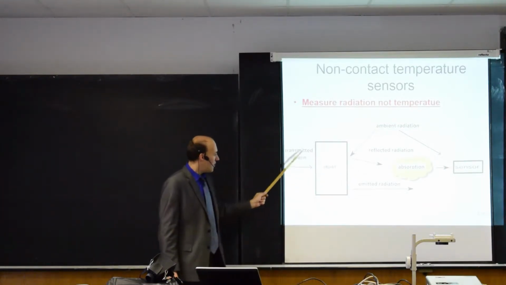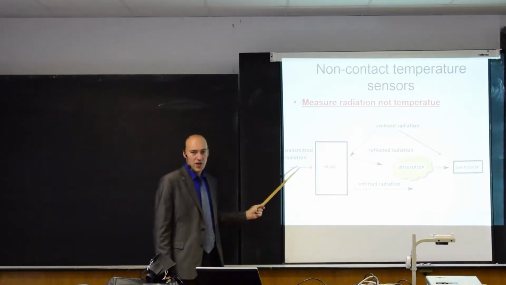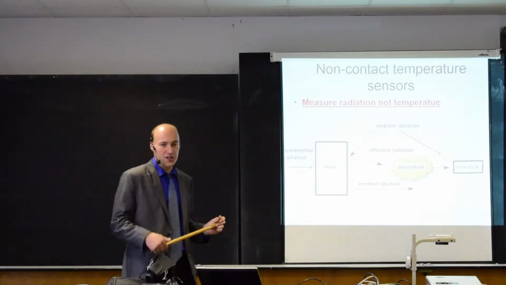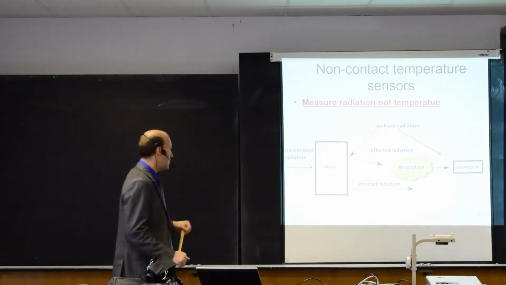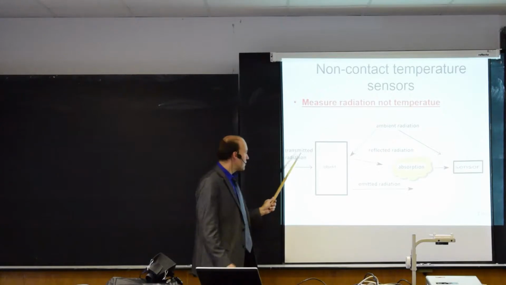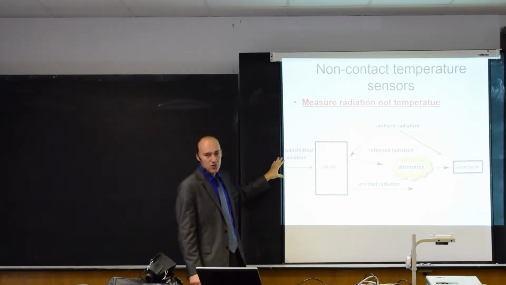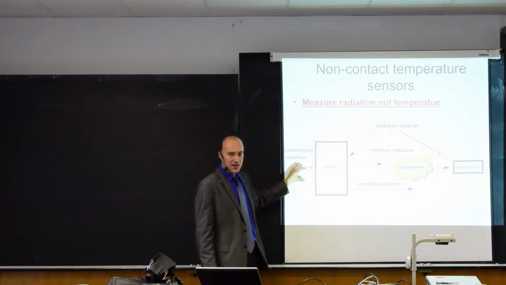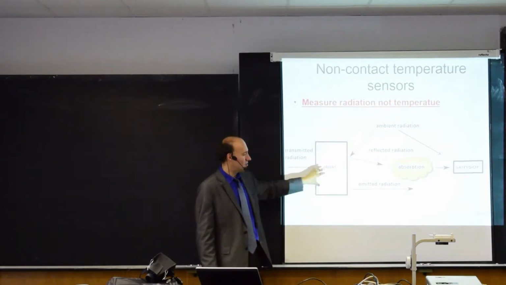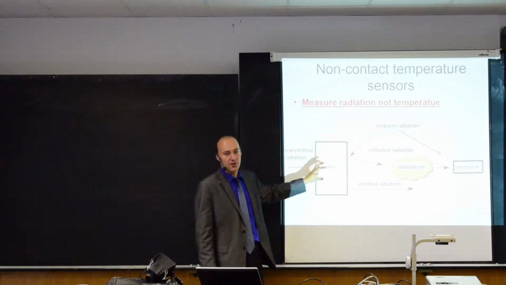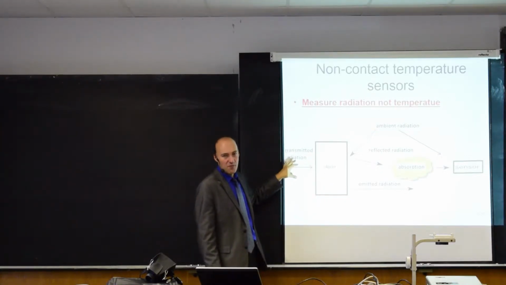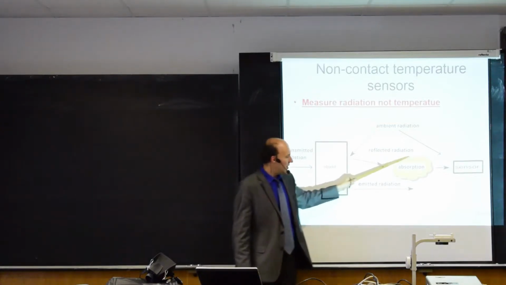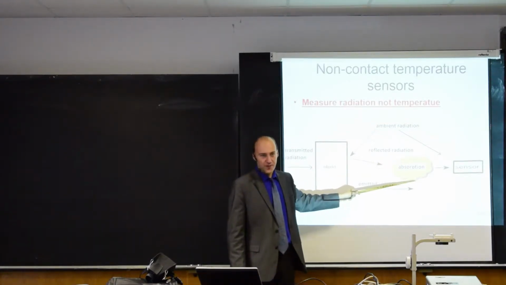We also have a part called transmitted radiation. In cases where the object is transparent for infrared radiation, if we have some source of radiation behind our object, then this may get through and we may see it as the temperature, but in fact it's not the temperature of our object, it is the temperature of the objects that are behind. And we also have absorption.